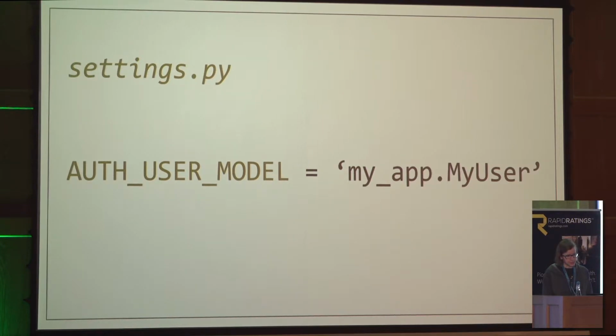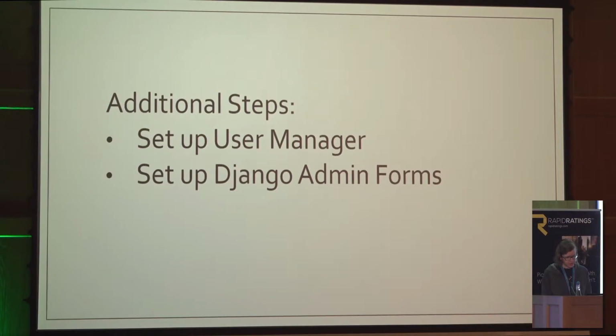We also need to let Django know that we overrode its user model in settings.py. To do this, we only need to set a single attribute in settings.py, the AUTH_USER_MODEL attribute, to our custom user model. So although the abstract base user sets up a lot of nice things for us, it does leave a few things for us to set up ourselves.